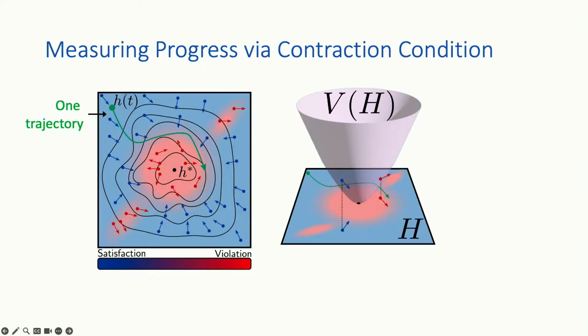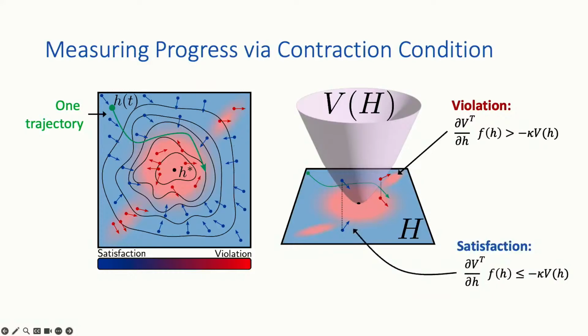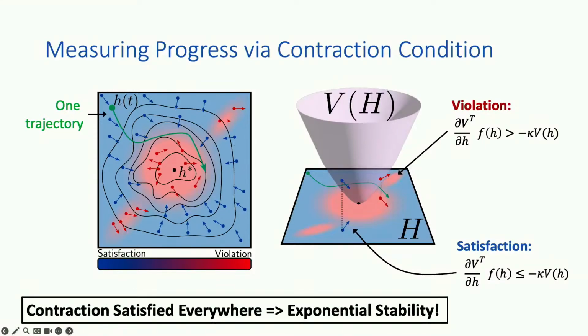And the parts in red are where the dynamics don't satisfy this contraction condition, and the parts in blue are where you do satisfy this contraction condition. Intuitively, if the entire state space was blue, we would satisfy this contraction condition everywhere, and we would have proven exponential stability of this ODE with respect to the training loss. So how do we get every part of the state space to be blue?